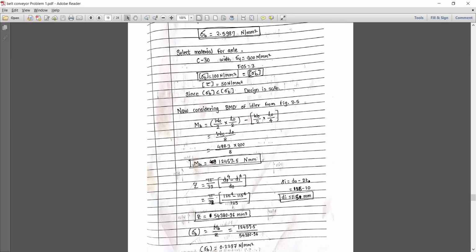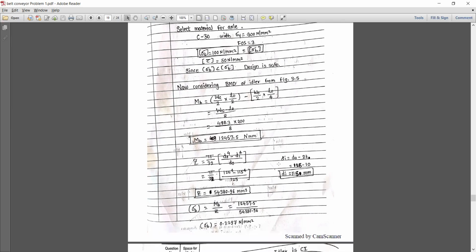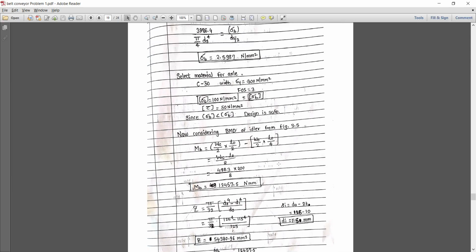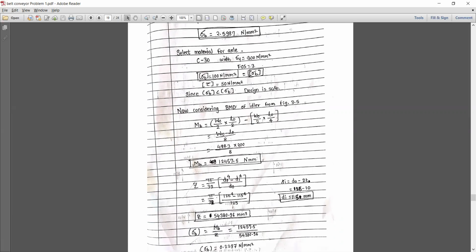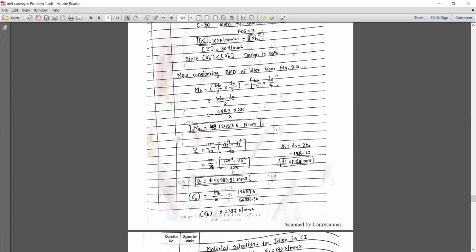So the design stresses have been calculated, and based on them the design sigma B value is 100 Newton per mm square, and the induced sigma B is equal to 2.5987 Newton per mm square. So the design stress is more than the induced, so our design is safe.